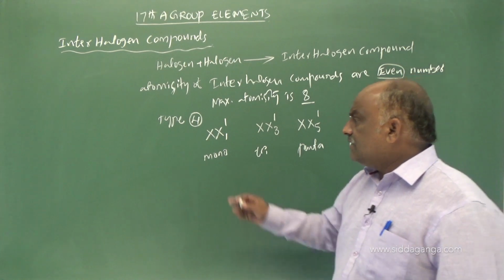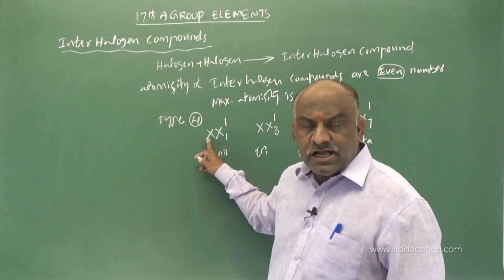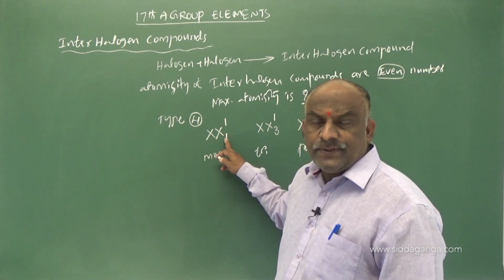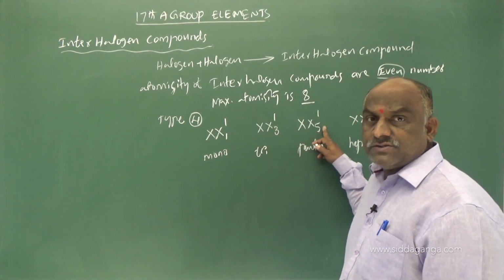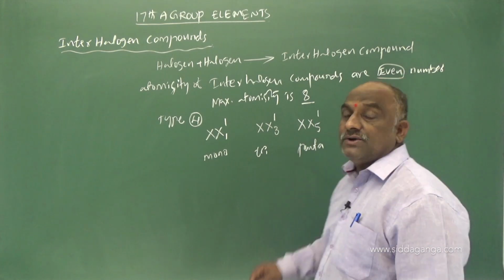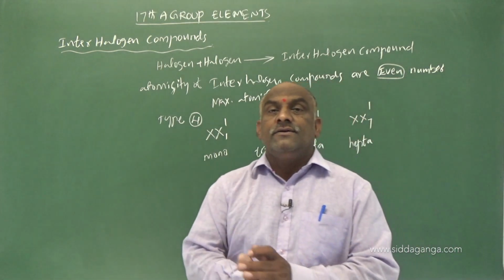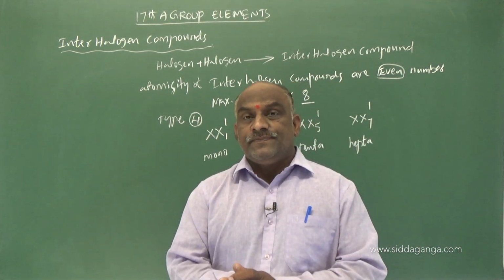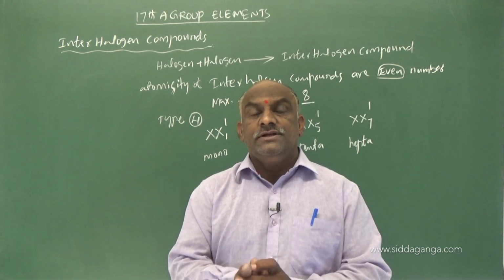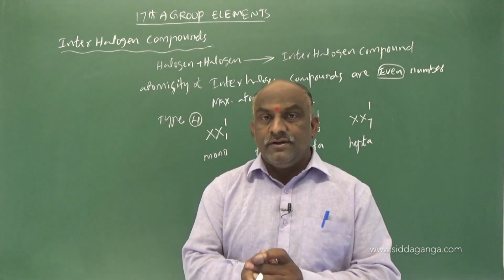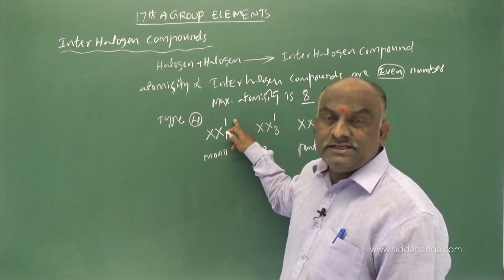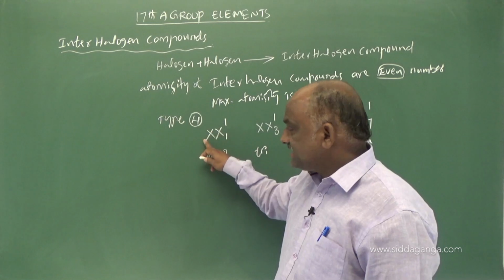So here what is X? X is halogen. What is X dash? X dash also halogen, but where is the difference? We have to find which halogen is smaller in size and which halogen is larger in size.